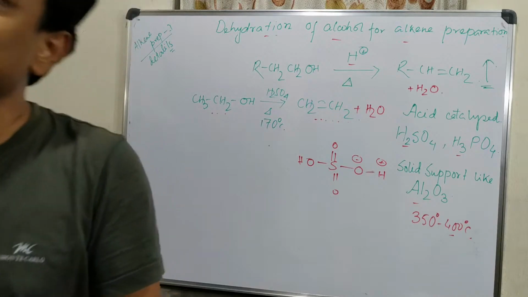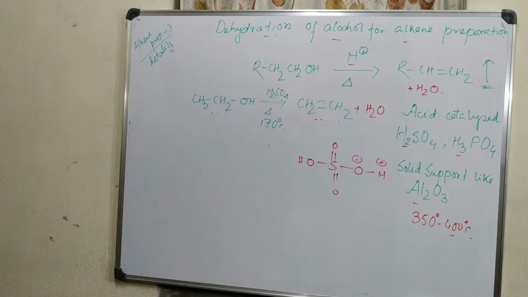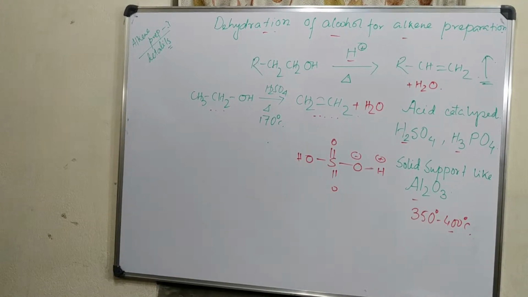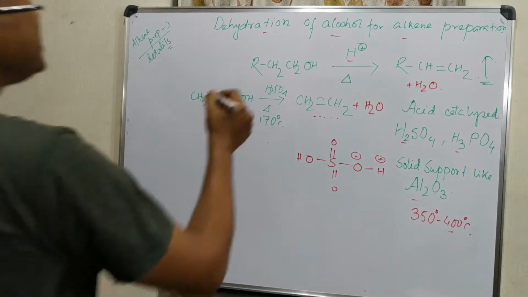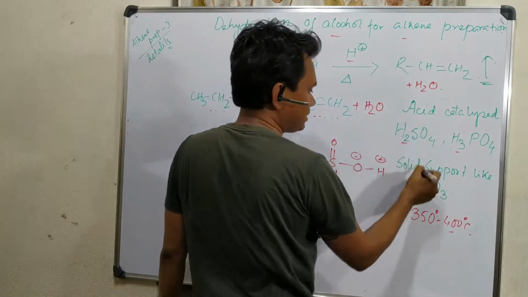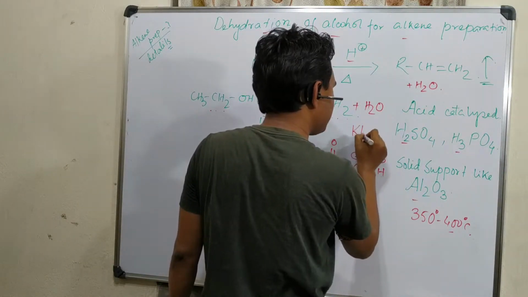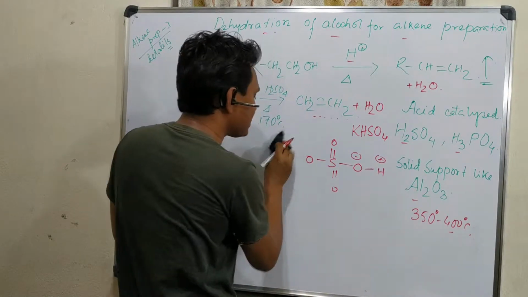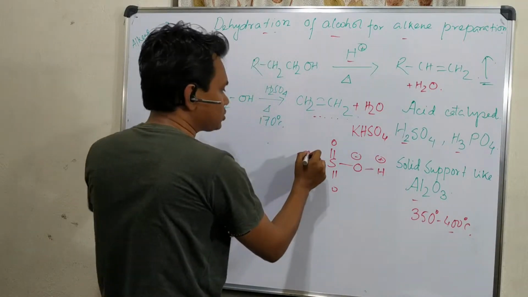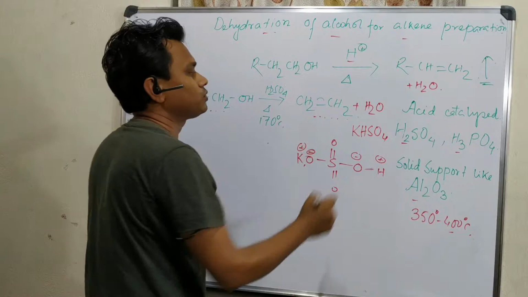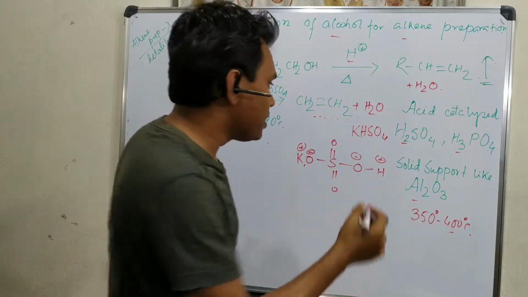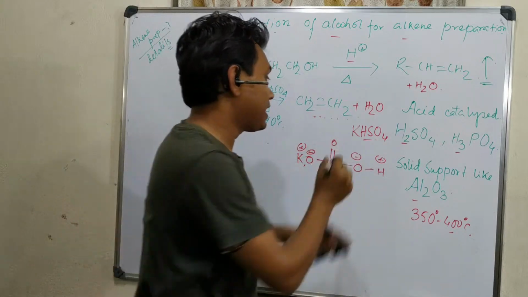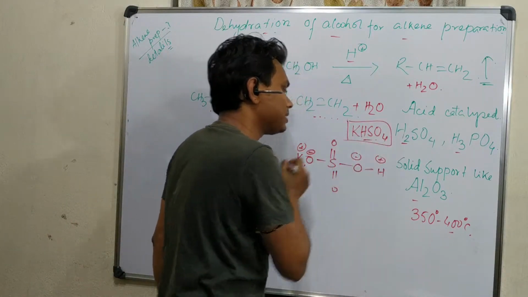Compared to sulfuric acid, potassium bisulfate, KHSO4, is more commonly used because it could be considered a solid acid, a better choice. Why? Because it's a solid and a salt, so easy to carry. Never confuse this with potassium persulfate; that's a different reagent.